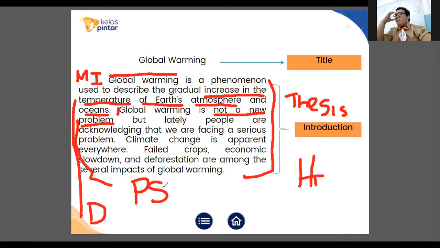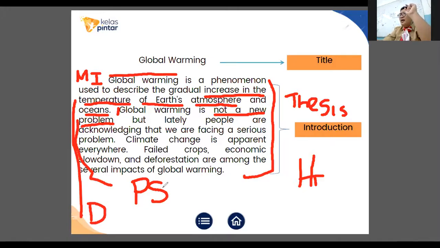Ini pernyataan pribadi dia. Dari mana dia tahu ini? Oh, mungkin dari pengamatan dia, from his or her observation. That's why the writer can state this. Maka itu penulisnya bisa menyatakan ini, bahwa ini bukan masalah baru.